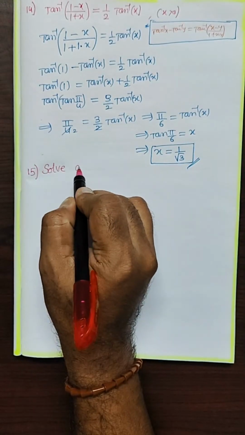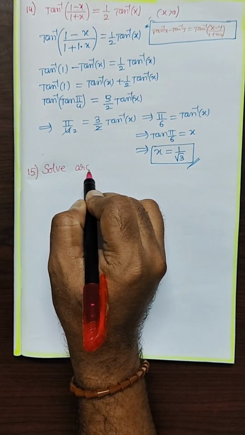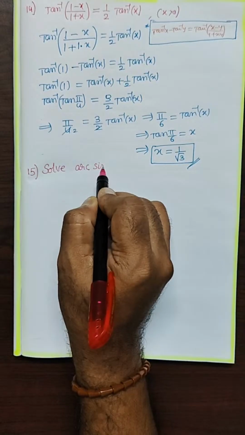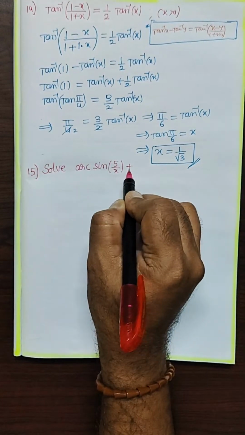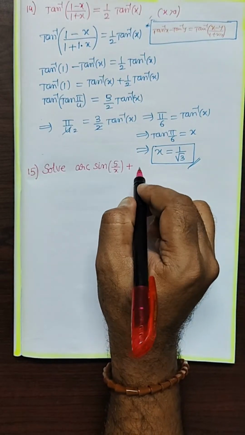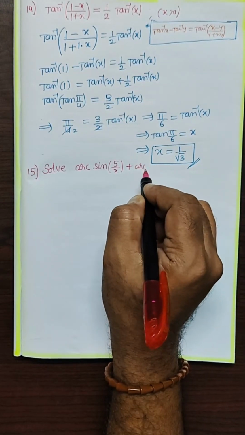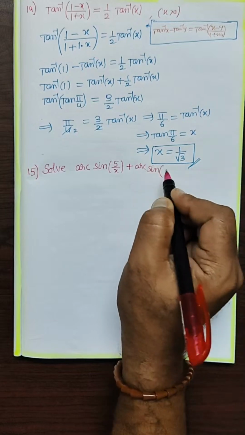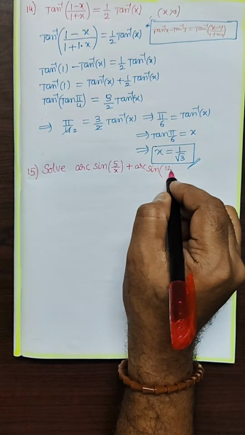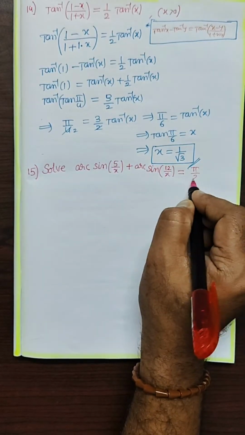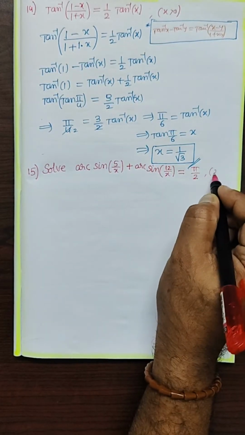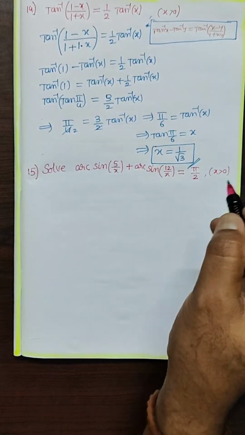Solve arc sine 5 by x plus arc sine 12 by x is equal to pi by 2, where x is greater than 0.